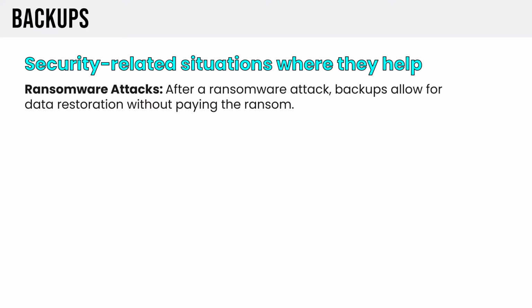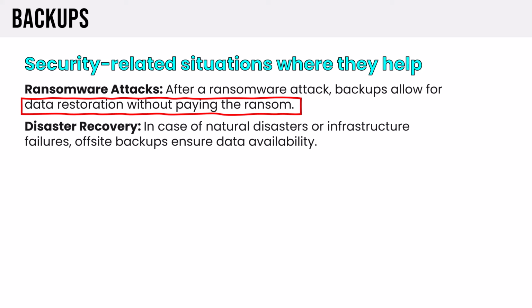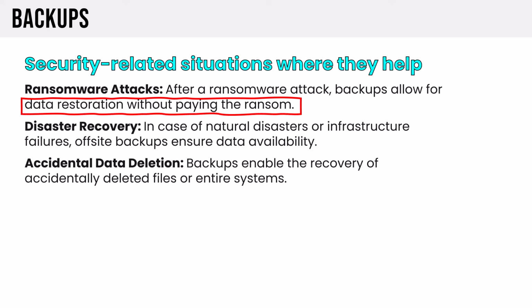So ransomware attacks. After a ransomware attack, backups allow for data restoration without paying the ransom. Super important. Very likely real-world scenario. Disaster recovery. So in case of natural disasters or infrastructure failures, offsite backups ensure data availability. Accidental data deletion.